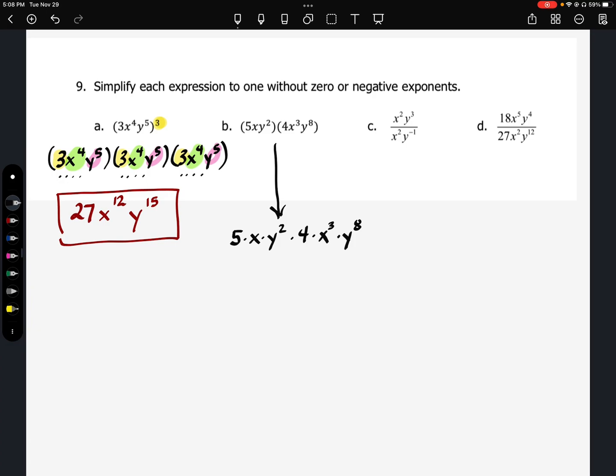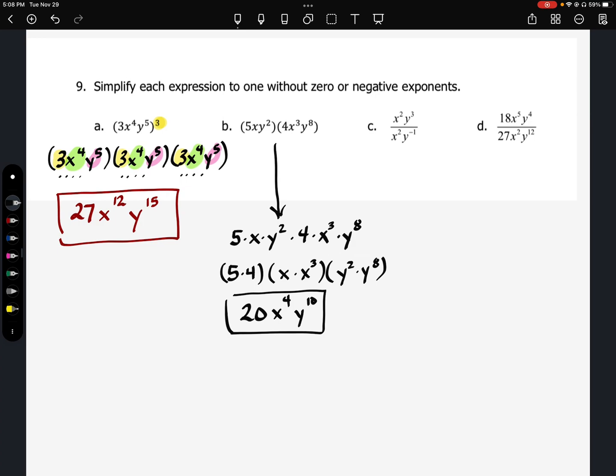And we can rearrange things when we multiply, so we could do basically 5 times 4 times an x times x to the 3rd times a y squared times y to the 8th. Let's just put it all together: 20x to the 4th, y to the 10th. And that should be our answer.